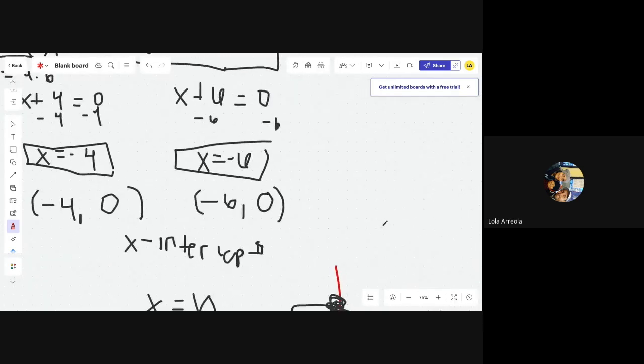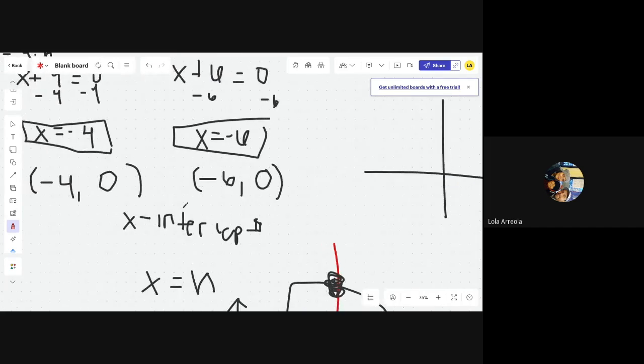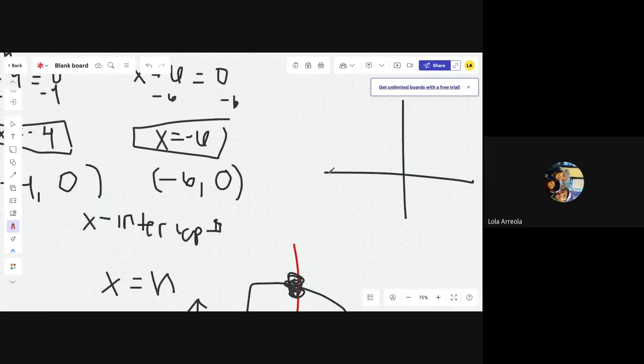Okay, so on a graph now, if I were to think about this graphically, I have negative 6, 0, and negative 4, 0. So I have negative 6 and negative 4. Let's just say they're there. This is very small scale. X-intercepts, again, are on my x-axis. That's why I'm drawing them here.